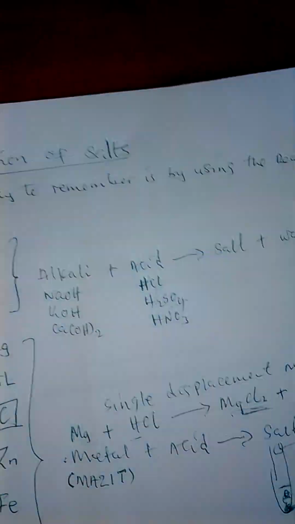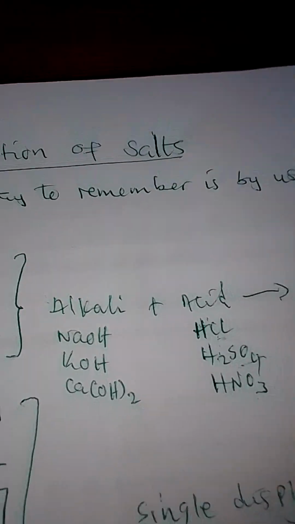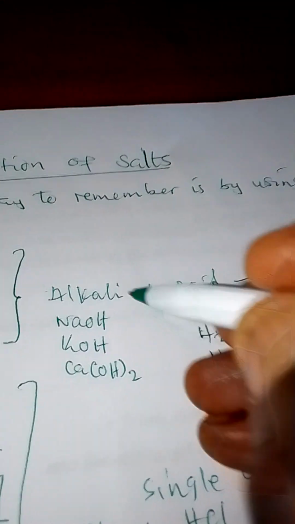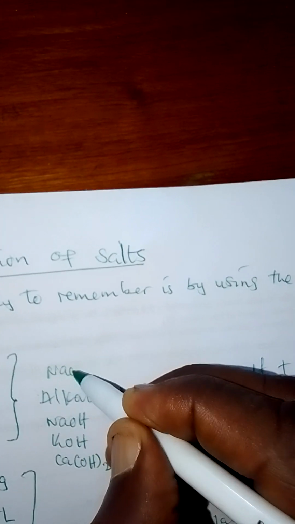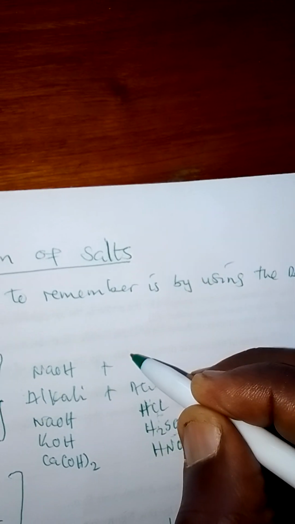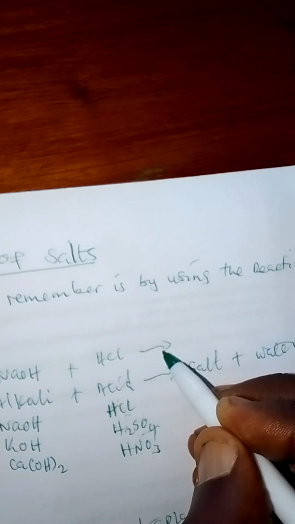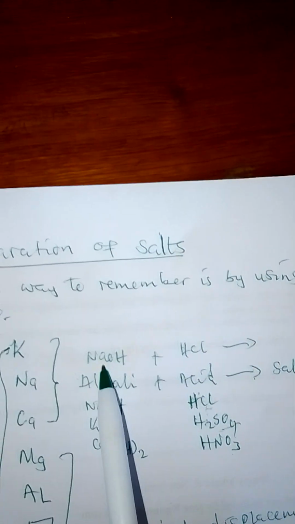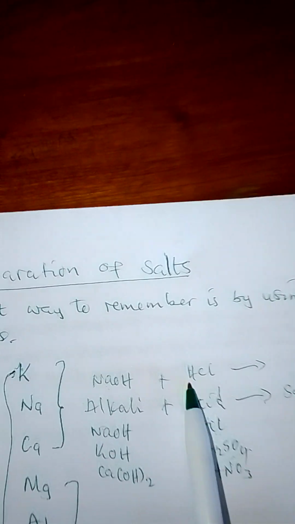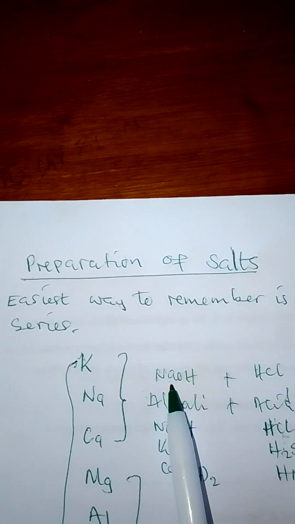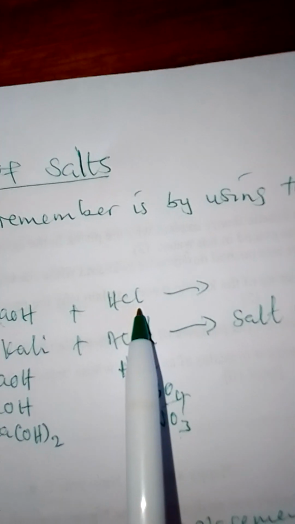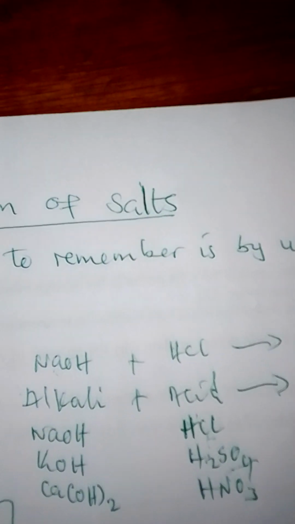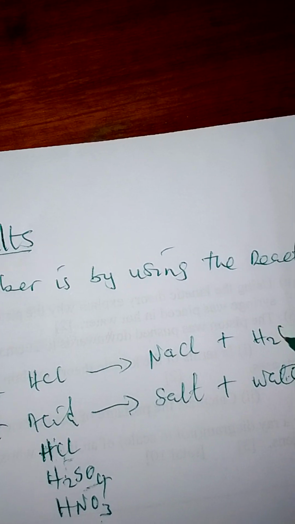I'll give you an example of one of them. An example is sodium hydroxide plus, let's say, HCl. It will give you what? Sodium will displace hydrogen ions here and will combine with the chloride ion to form sodium chloride plus, of course, water.